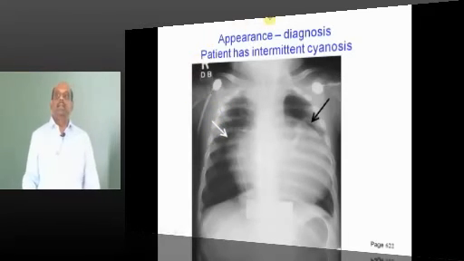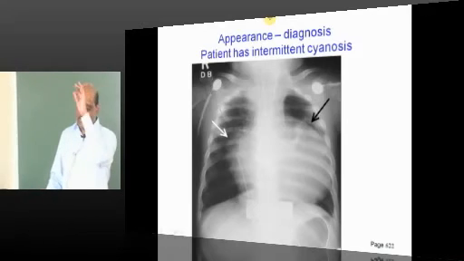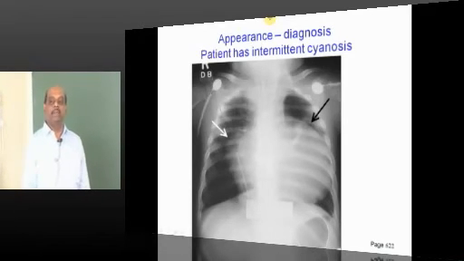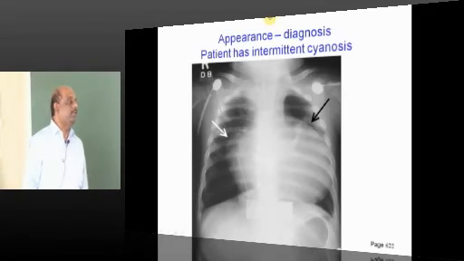Okay, doctor. If you answer this question, we'll keep the cardiology seat spared. I heard Abdul saying globular heart instantly. What is your answer, Abdul? Epstein's anomaly, you want to say.